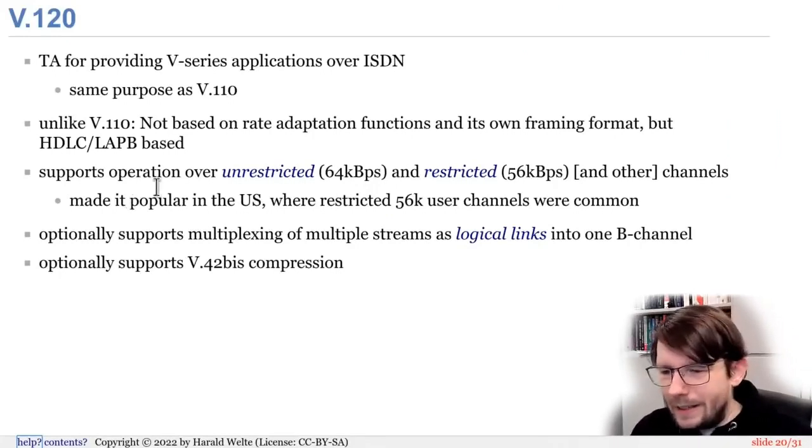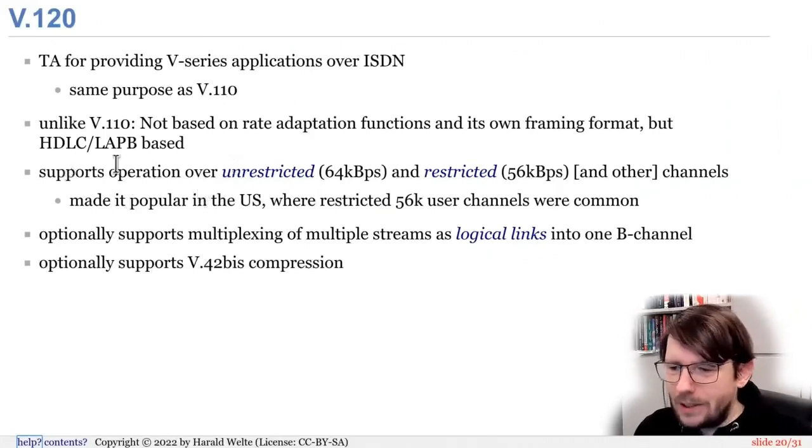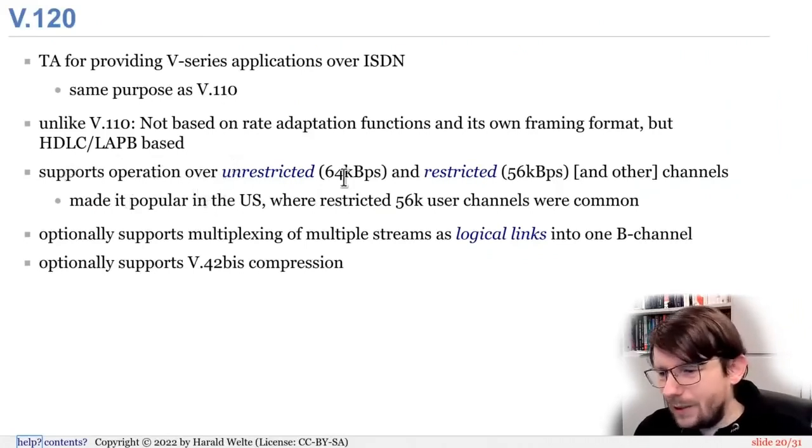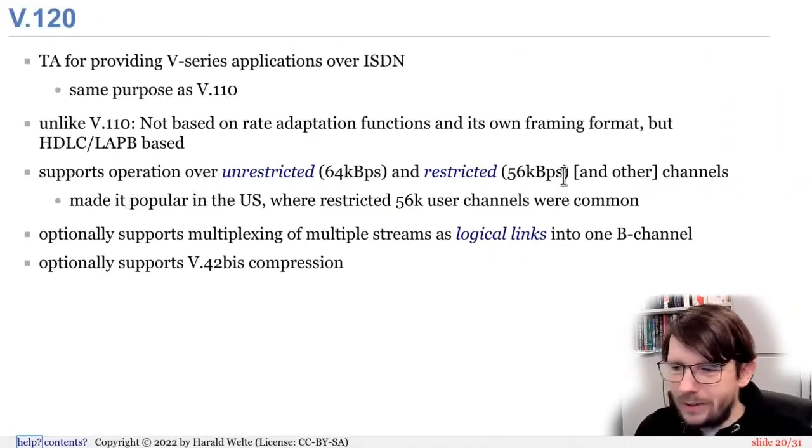And unlike V.110, it supports the operation over both unrestricted 64 kilobit B channels and also those restricted 56 kilobit channels, which made it popular in the US, where 56 kilobit user channels were common. So the least significant bit is simply not used in this case, and that's it.